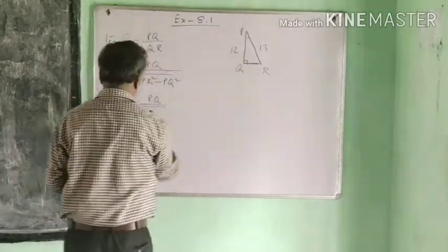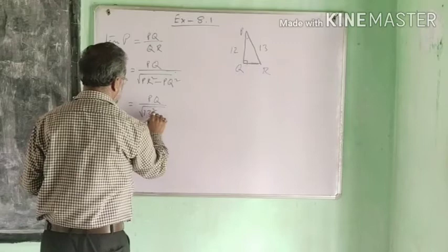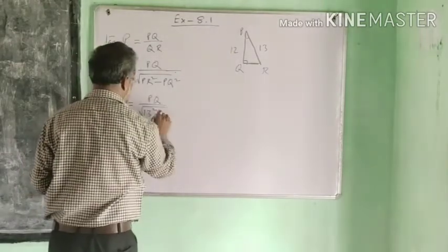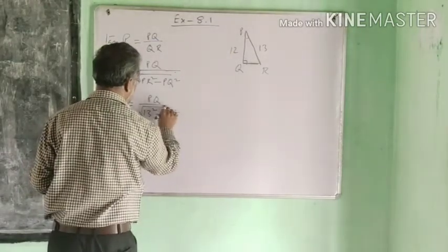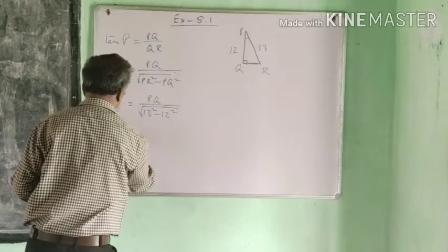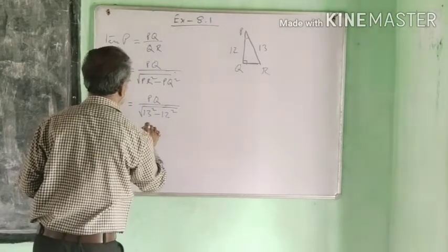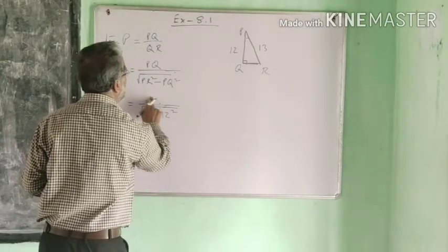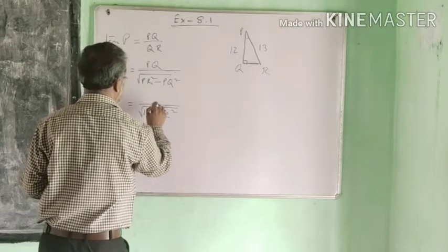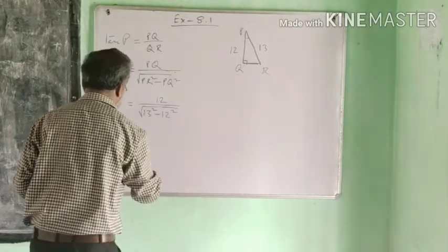PR is given 13 and PQ is given 12. PQ is 12, brother. Right. Okay.